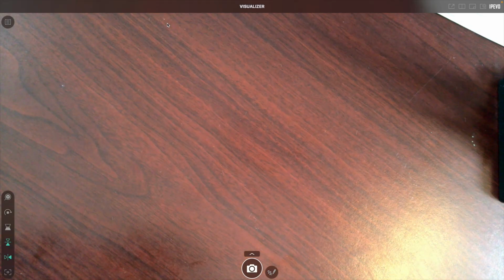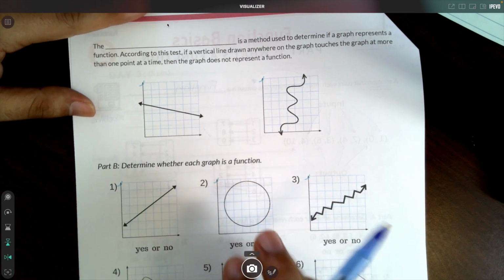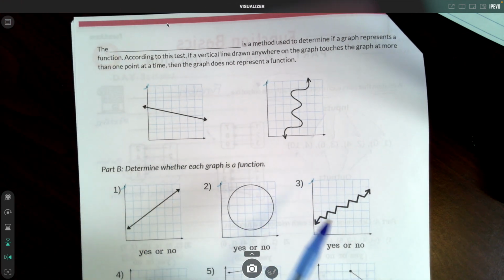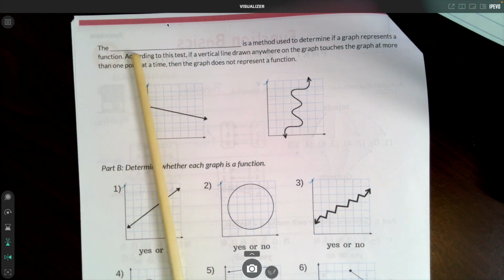So let's flip the page. When looking at a graph, there's a very simple test that helps us. Let me see if I have a vertical line. I don't, but I do have this chopstick right here.